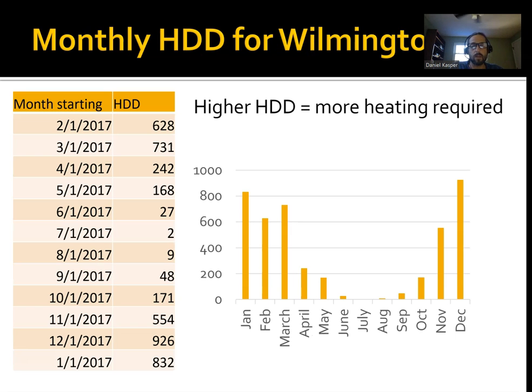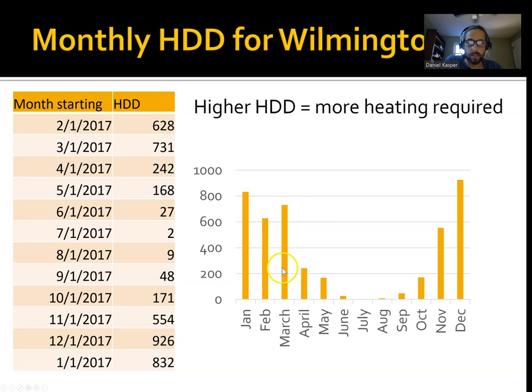Okay. So just to give you, these are actual numbers from 2017 in Wilmington, Delaware, and it shows you the HDD each month based on the actual temperature. This is from historical data in 2017. Okay, so this is January, February, March, and you can see January we have a little over 800, then it drops to 600. It must have been a cold March because the HDD is higher than February.